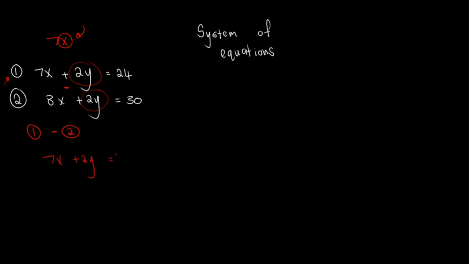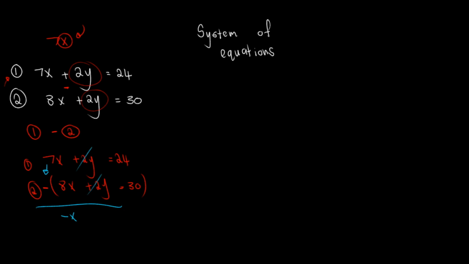Okay, I just quickly want to rewrite this. So we can rewrite this as 1 and 2. We can say 8x plus 2y is equal to 30. Okay, so all I do now, add a parentheses, subtract. So I'm going to read downwards like this. 7 minus 8x is equal to negative x.